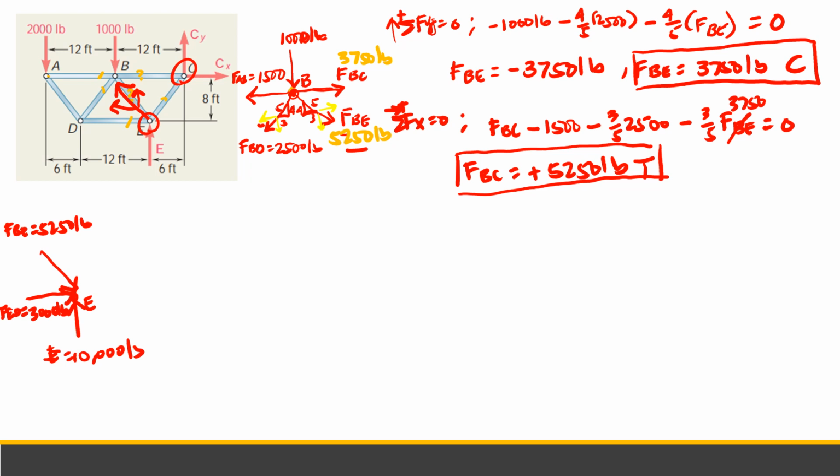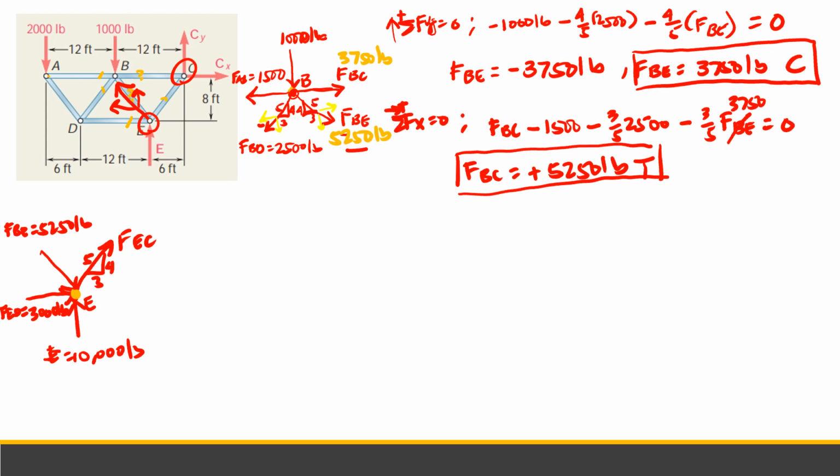And then we will assume that force EC is in tension. So this is joint E. The slope of FEC is also 4, 3, and 5.